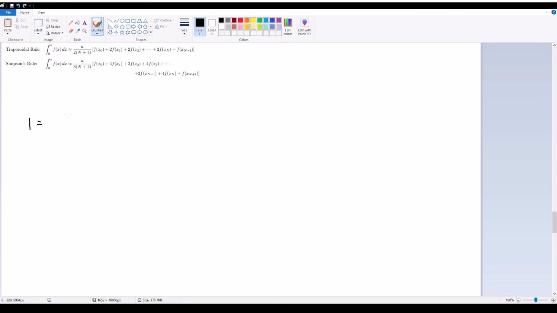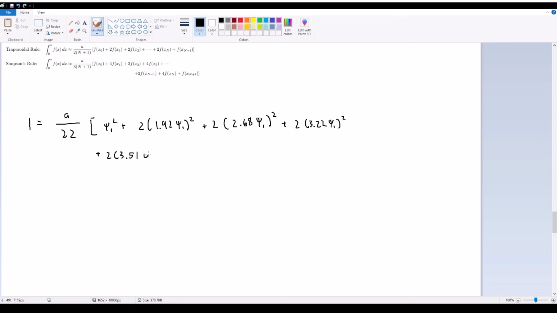So 1 is equal to A over 2 times 11, which is going to be 22, and then psi 1 squared plus 2 times, let's see, psi 2 is going to be 1.92, psi 1 squared plus 2 times 2.68 psi 1 squared plus 2 times 3.22 psi 1 squared, plus 2 times 3.51 psi 1 squared, plus 2 times 3.51 psi 1 squared, plus 2 times 3.22 psi 1 squared, plus 2 times 2.68 psi 1 squared, plus 2 times 1.92 psi 1 squared, plus psi 1 squared.